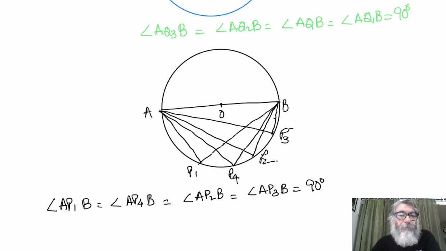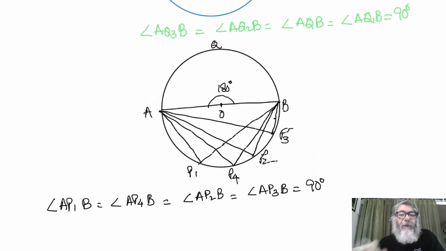The first theorem was the angle subtended by an arc. Let me mark this point as Q. So this arc AQB is making an angle AOB at the center, which is 180 degrees. The same arc AQB is making angles AP1B, AP4B, AP2B, AP3B at the remaining part of the circumference.